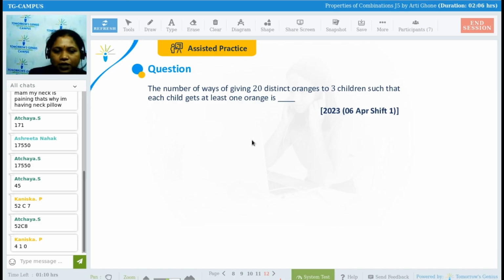What will be the answer you are thinking? What is the method applicable for this? If you read it clearly, it will be the beggars method, right?